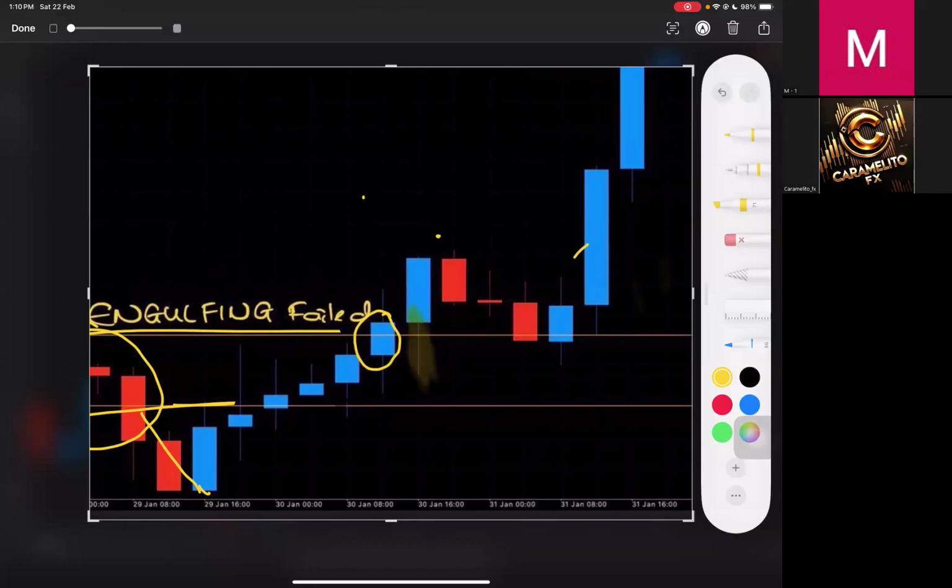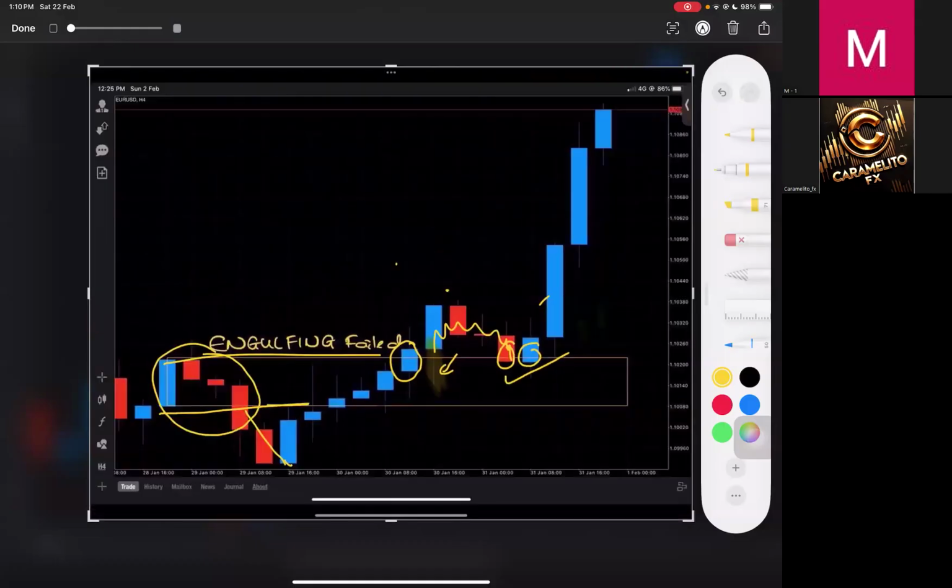Sure, no problem, but like I told you, you have to be careful. If you enter on a shadow, sooner or later price is going to come back again. With a body candlestick, a proper pullback, boom, it flies further, better, like that. Understand? Yes. So if the price comes back by the shadow, we can just do a scalp, right? Yes, it's clear.